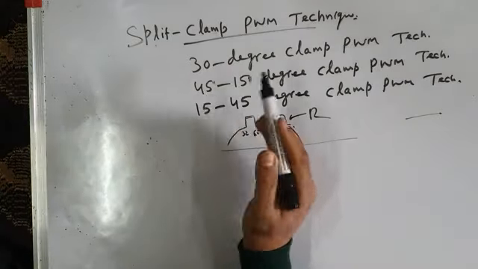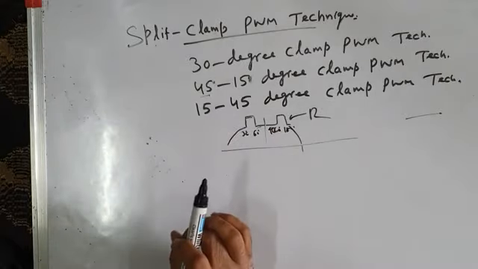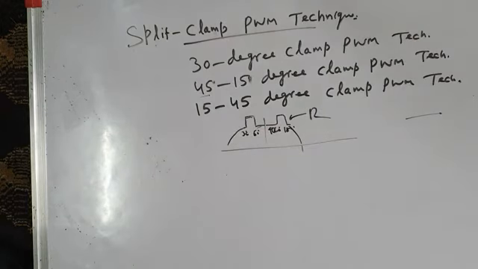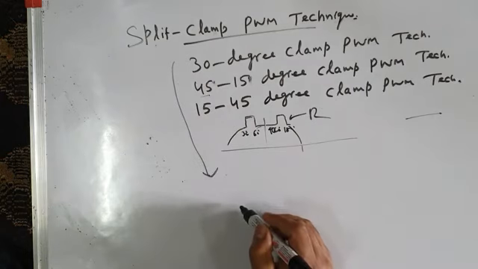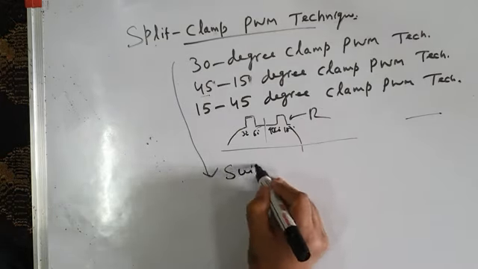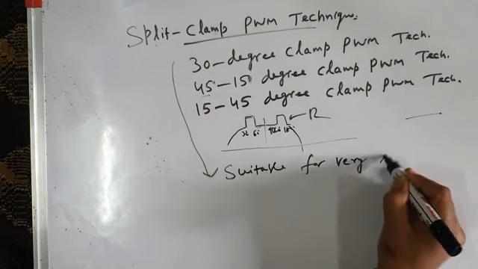Or we may do it in the first quarter for 45 degrees, in the next quarter for only 15 degrees. Or in the first quarter for 15 degrees, in the next quarter for 45 degrees. It depends upon the power factor of the load. And I told you that this split clamp PWM technique is suitable for very low power factor loads.